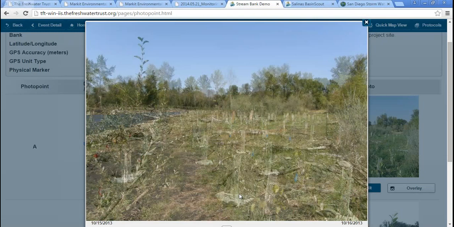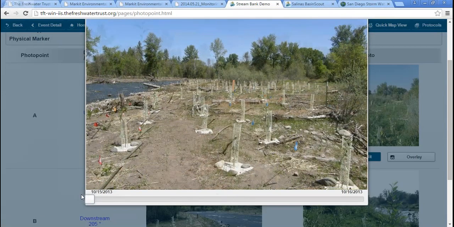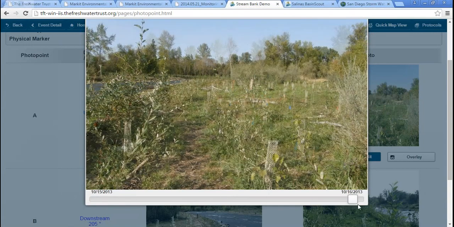So in this particular example, you can see what it looked like when it was first planted. You can see all of the trees, how they're doing, and then you can see one year later, after one growing season, the change.